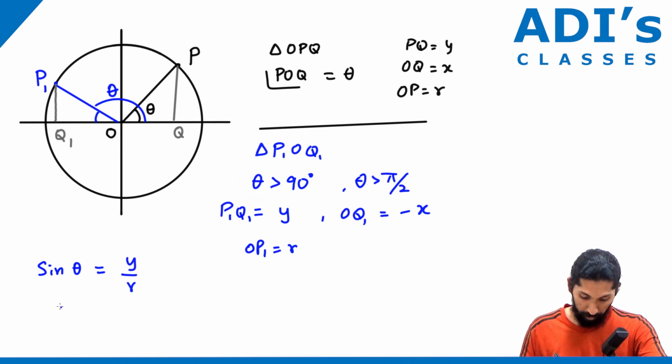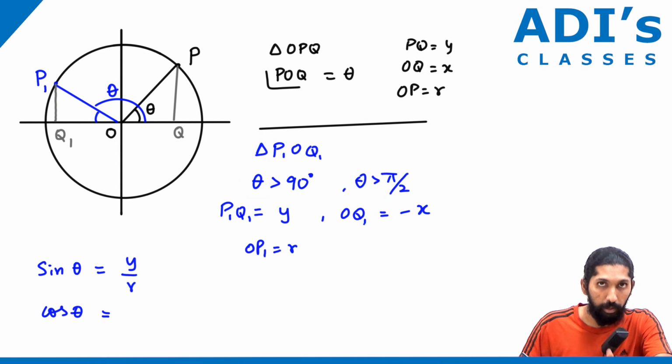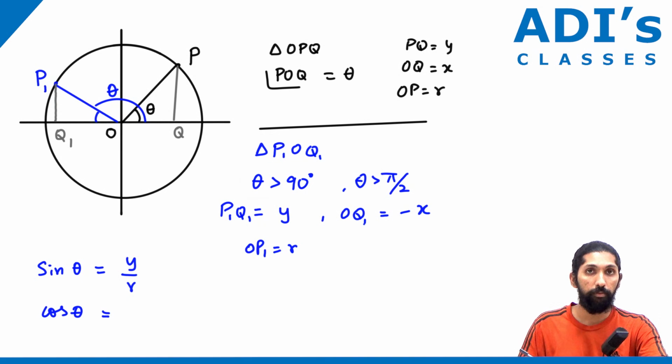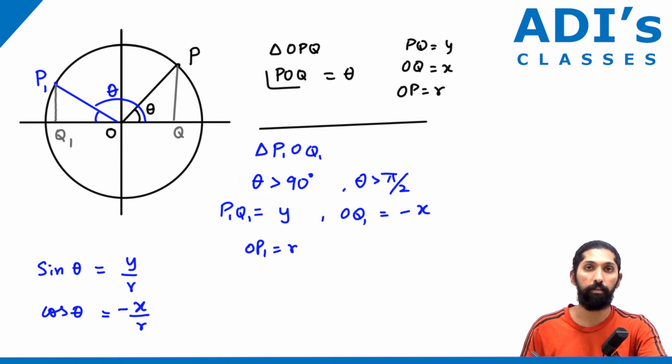But what is cos theta? Cos is going to be X by R. But here, what is the value of X? It's minus X, isn't it? So shouldn't the cos be negative now? So cos theta in the second quadrant will become minus X divided by R.